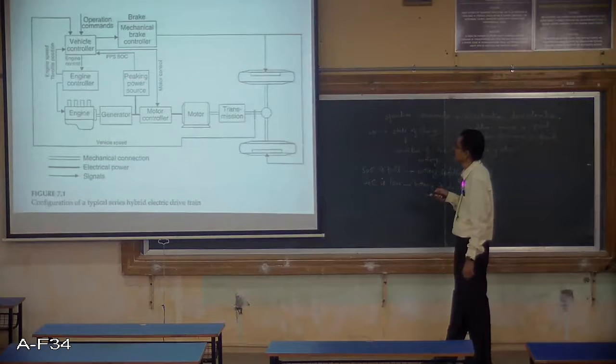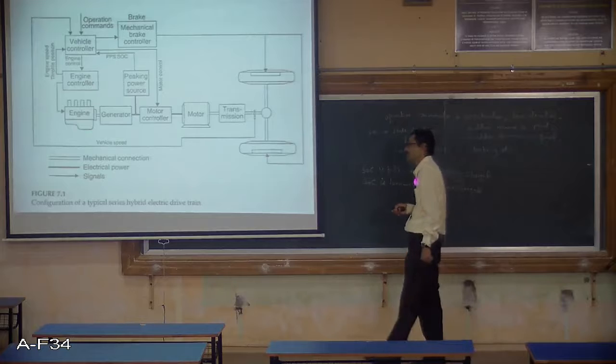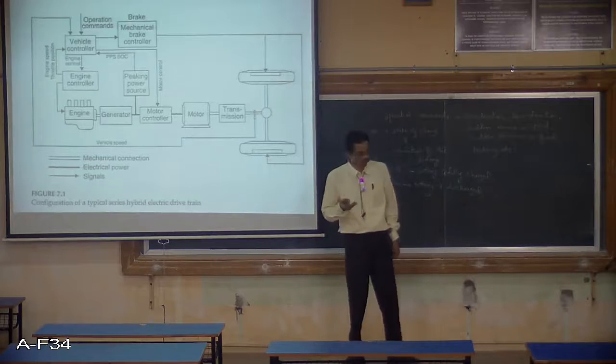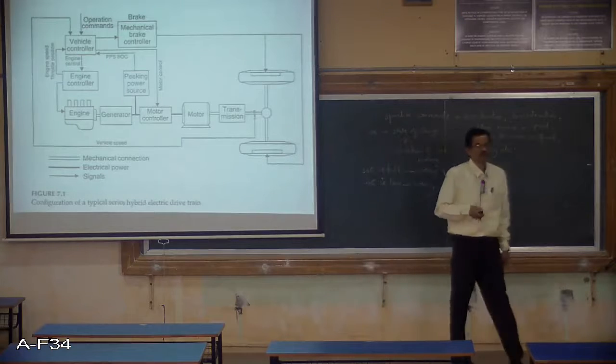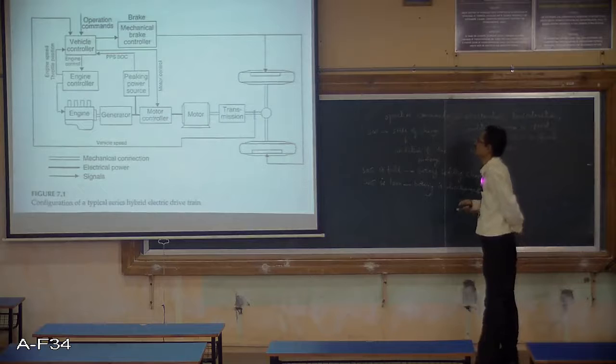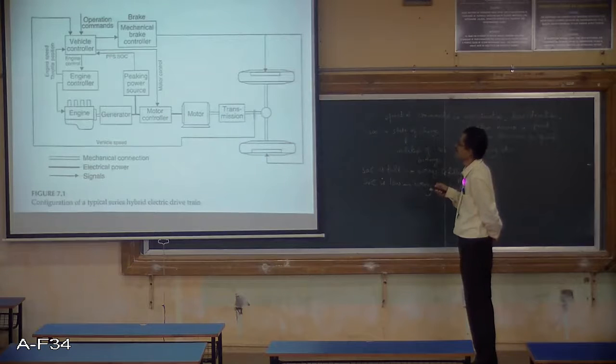So in addition to the actual motor controller which is taking power from the generator, we require this peaking power source when we have to have a high torque or high power requirement for a small time duration. So for that purpose it requires the peaking power source state of charge for the vehicle controller.